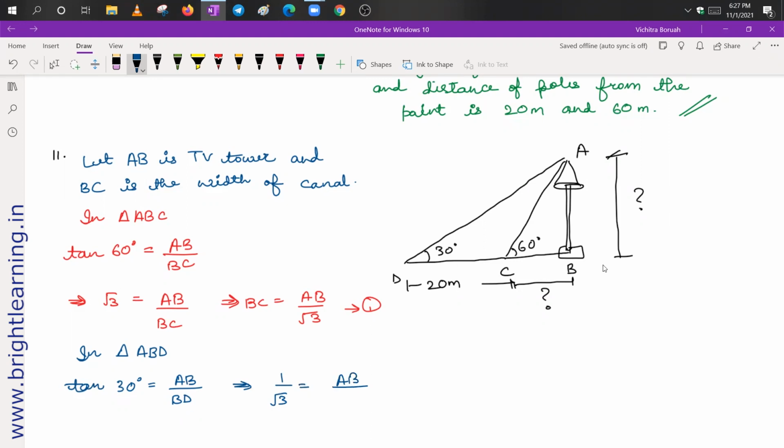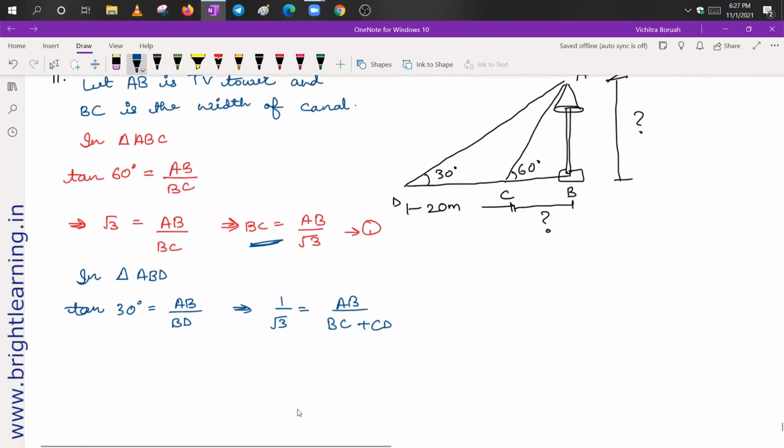Now next, this whole BD, I can write it as BC plus CD. And what is the value of BC? BC is AB upon √3. So in place of BC, I can write AB upon √3 here. So 1 upon √3 is equal to AB upon √3 plus CD.